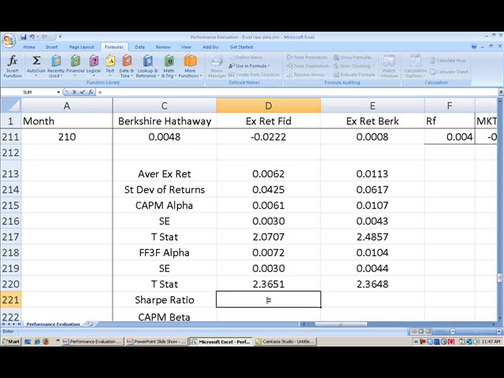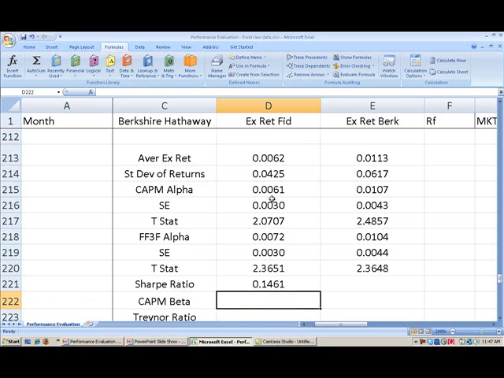The Sharpe ratio is just the average excess returns divided by the standard deviation of returns. Hit enter. Sharpe ratio for Fidelity is 14.61%. If we copy that across for Berkshire Hathaway, we see the Sharpe ratio is 18%.